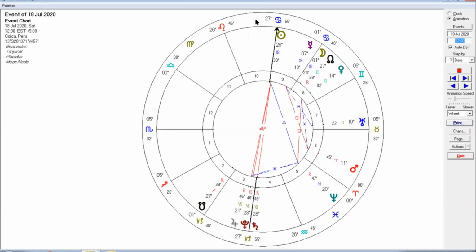So in this case, you have Moon in Capricorn. You see the symbol for Capricorn down here. You have Mars in Aries, to take another example. And the sun down here is in the sign of Cancer, which there's the sign of Cancer.